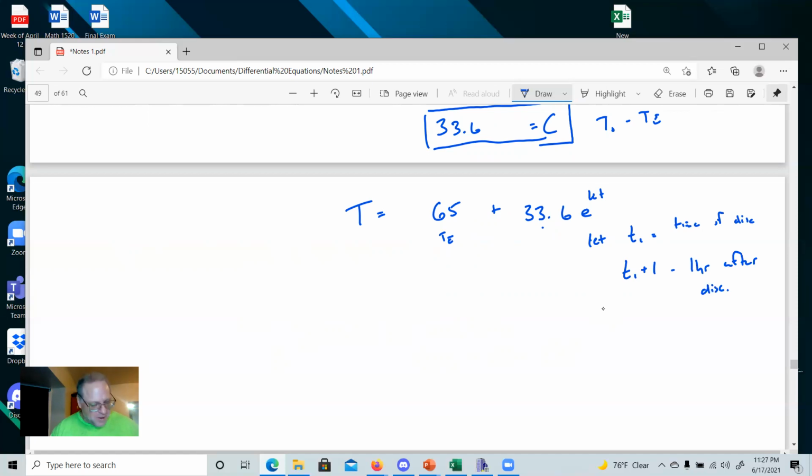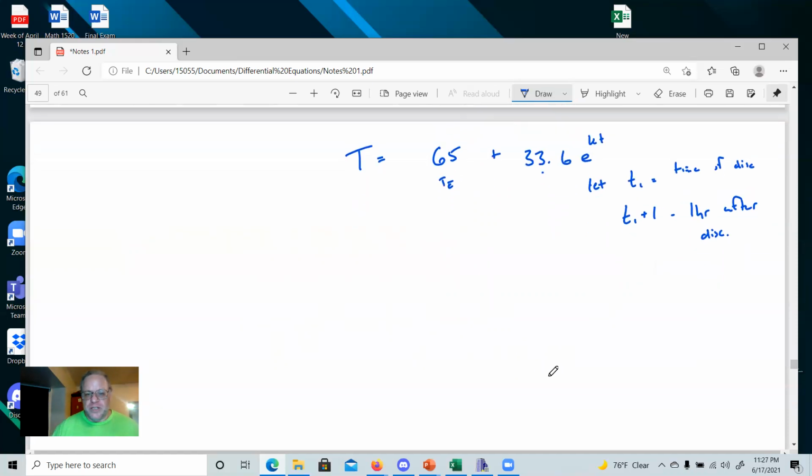That is in hours. So we have two equations here. What was the temperature at the time of discovery? Well, that was 80 degrees. So we have 80 is equal to 65 plus 33.6 e to the k times T1.